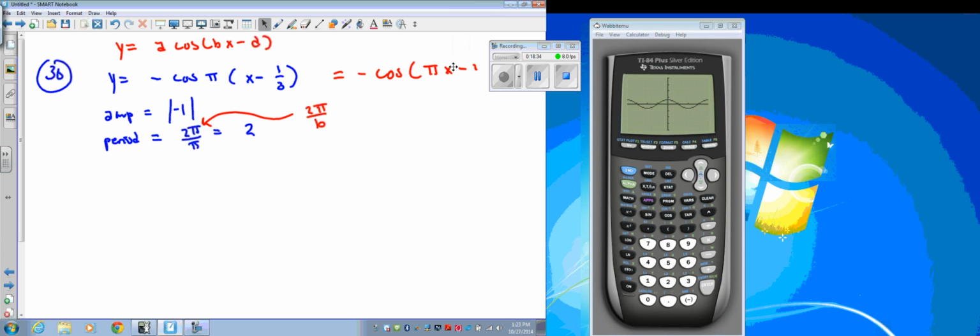Dang it. So this is b, and you divide b into 2 pi. That's 2 pi over pi. That means the period's 2.